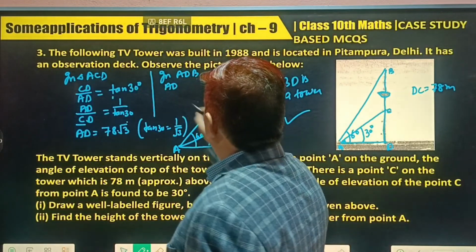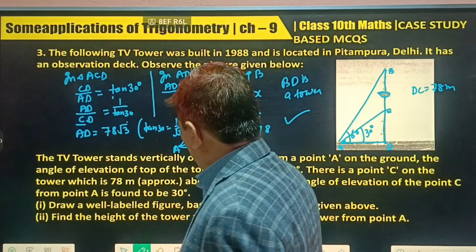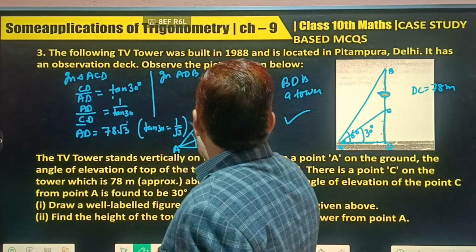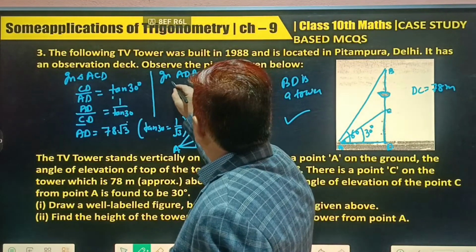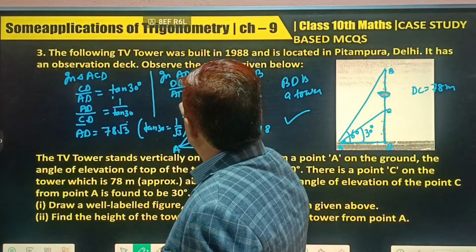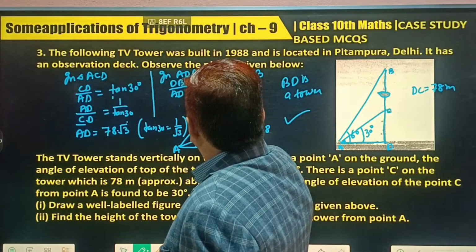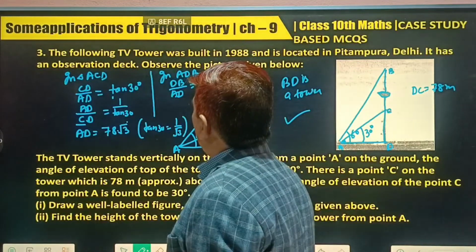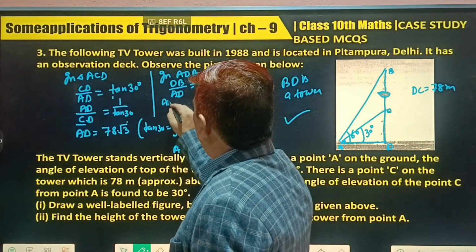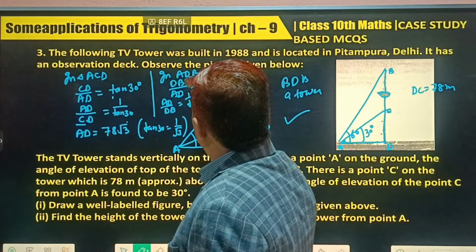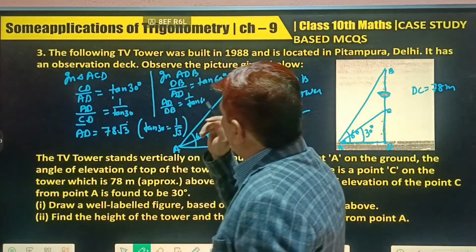AD by DB, or we can solve this only by applying tangent. So what's DB by AD equal to? Tangent 60 degree. And AD by DB is equal to 1 by tangent 60 degree.